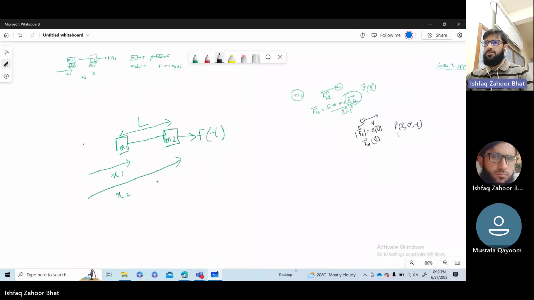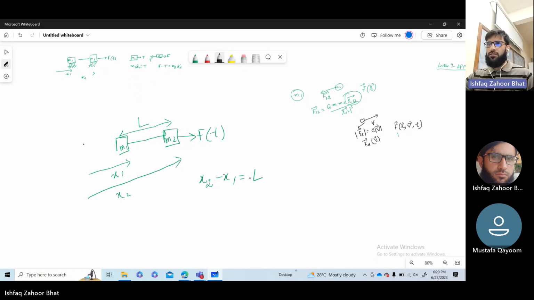So we can see that x2 minus x1 is always equal to L. This is a fixed length and cannot stretch. This is the assumption we have made.